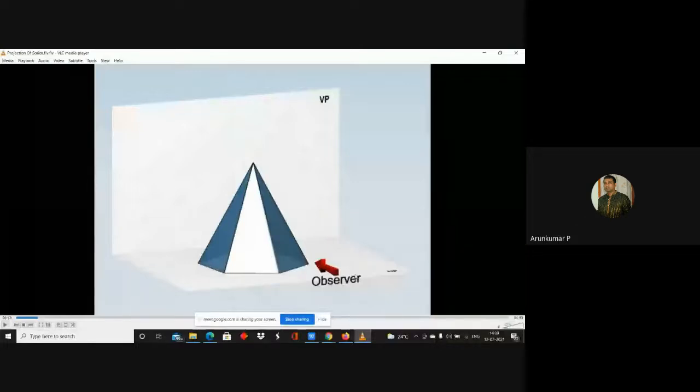As we are dealing with the first quadrant, this is the position of VP and HP. The hexagonal pyramid is placed on HP, and this is the direction of viewing of the observer. So the front view will be on VP, the top view will be on HP. Please remember we are dealing with the first quadrant. Just observe how things work out.